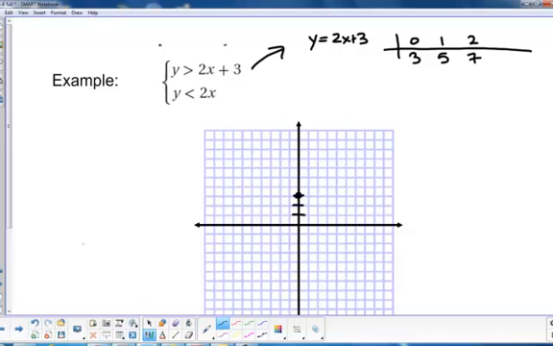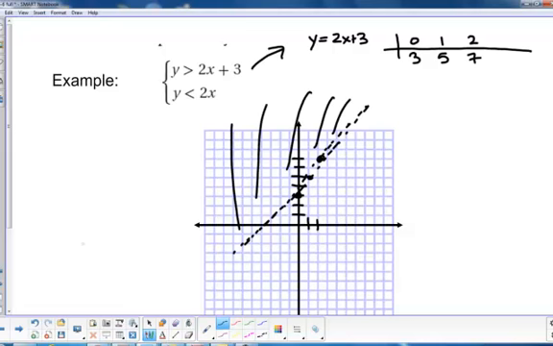That they're the same, they're parallel. So these are probably never going to cross each other. So I'll graph my dotted line here. Okay, make it a little thicker. And it's greater than, so we're shading above towards the sky.